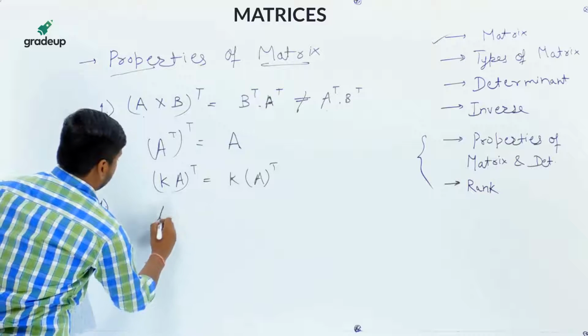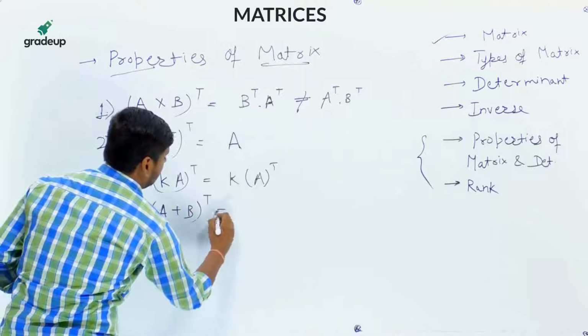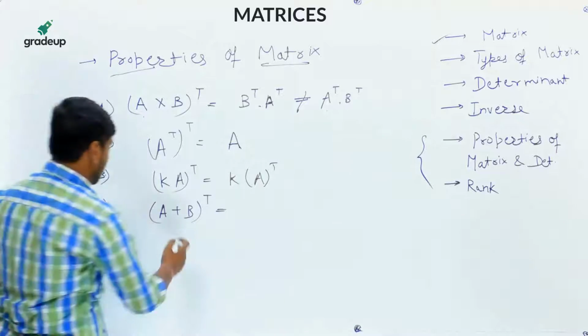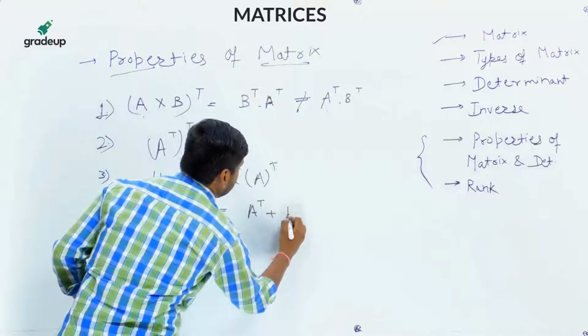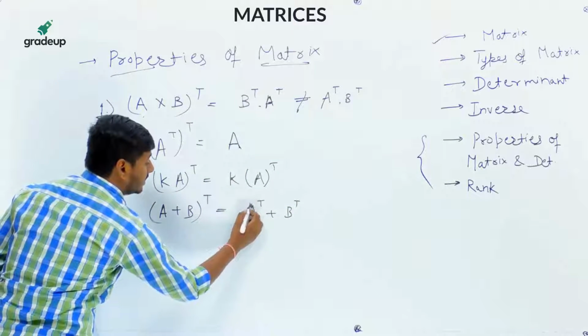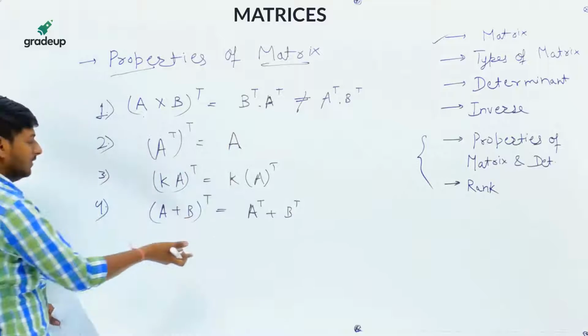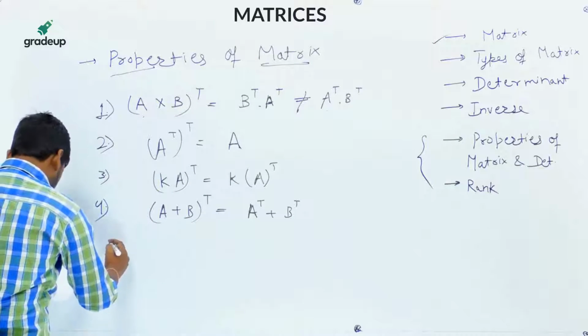Fourth property is the sum property. It is distributive in nature. The transpose of A plus B is equal to A transpose plus B transpose. If we transpose A and B separately, then we will get the same result.